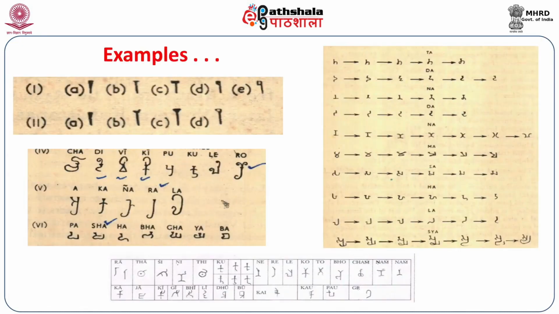If we look at the examples, the first one was the introduction of different new types of head marks. Ahmed Hasan Dani has shown at least 9 different types of head marks prevalent in different parts of the country, and he grouped them into 2. If we look at the first group, there are 5 different varieties of the head mark with a gradually slanting line and a triangular wedge at the top.